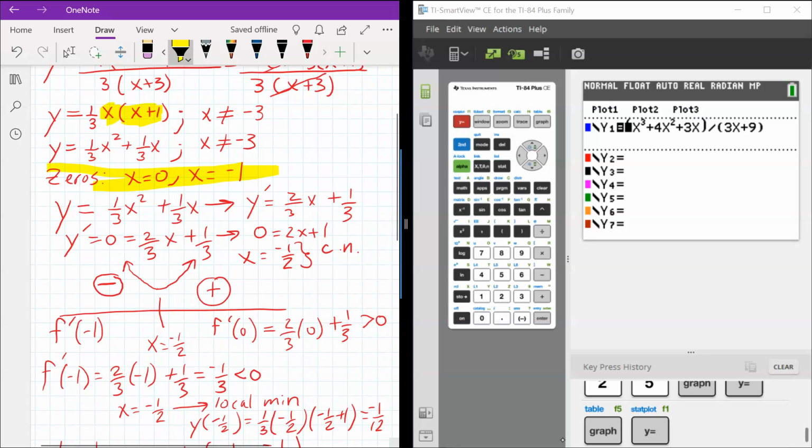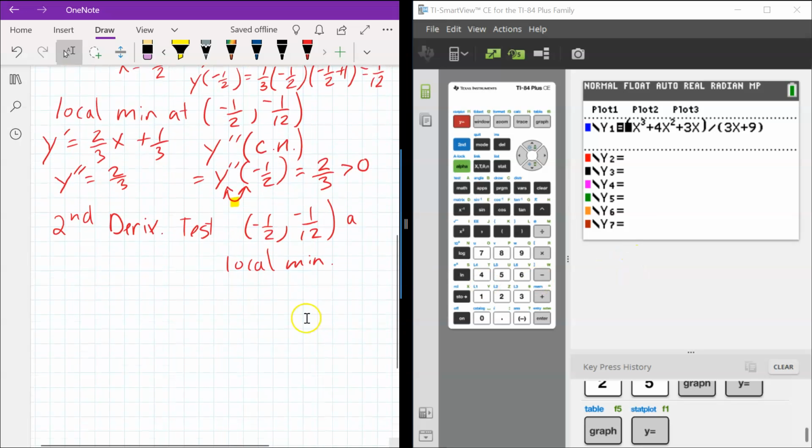So zeros at 0 and -1. It's undefined at -3. And we have a local minimum at -1/2, -1/12. So that's using strictly and purely analytic methods.